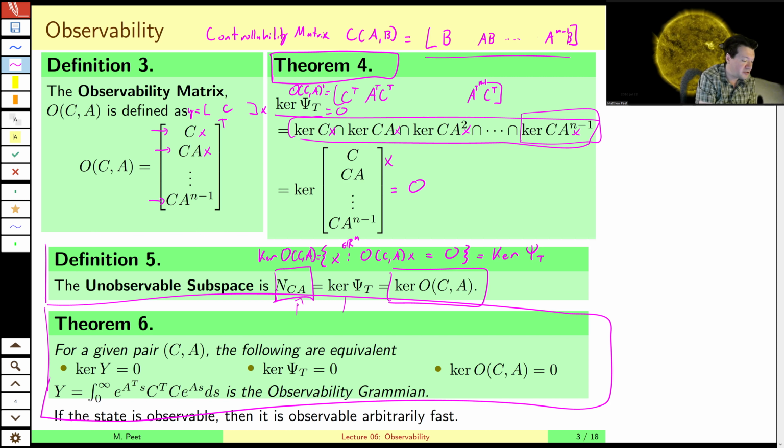And so we have a particular name for this subspace, which is the kernel of this matrix, which is N sub CA. Remember, for controllability, we had C A B, which is a set of states we could, similar, we could drive to 0, or reachability we could get to. So they're the same concepts.